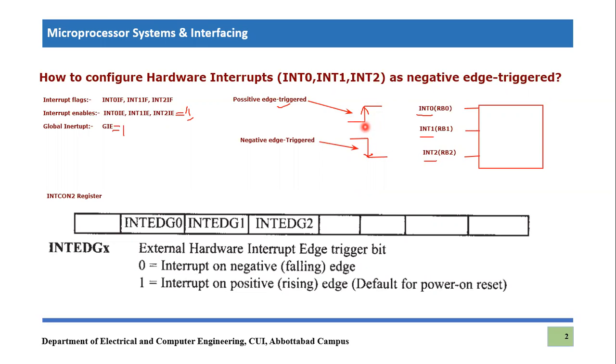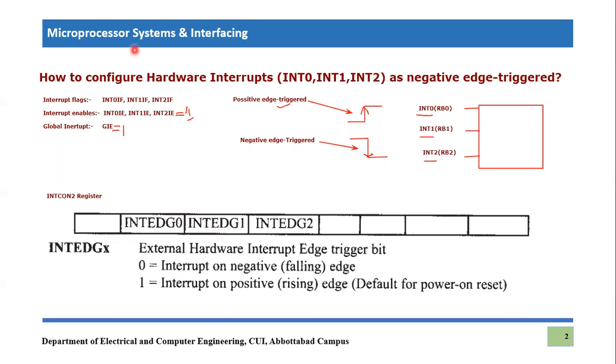If you want to make those interrupts negative edge triggered, you have to make these bits equal to 0. For example, if I want to make interrupt 1 negative edge triggered, I have to make the corresponding bit, INTEDG1, equal to 0.